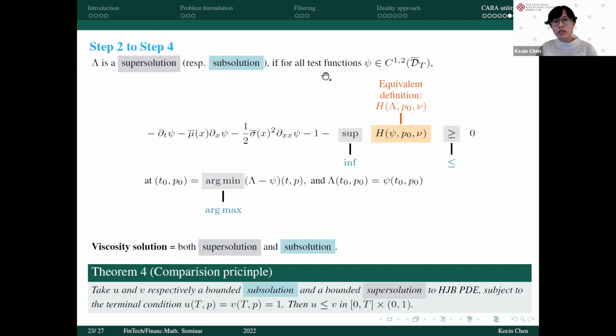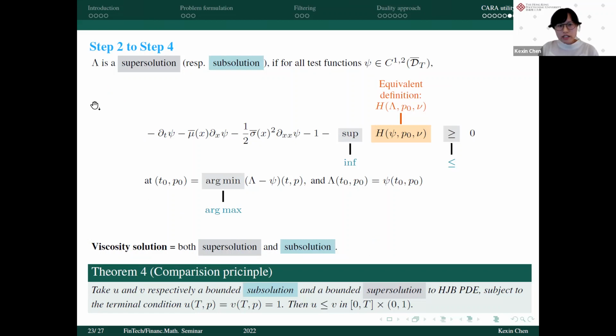So we use test functions to give a suitable definition. We say that it is a viscosity solution if it is both a super-solution and a sub-solution.